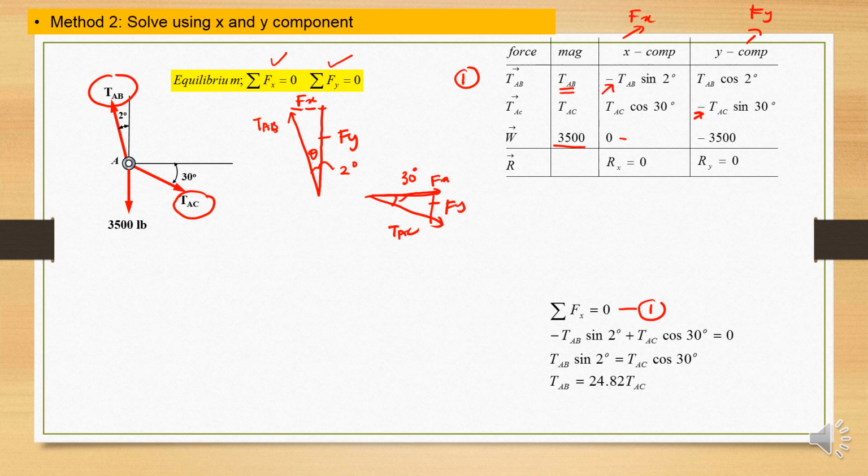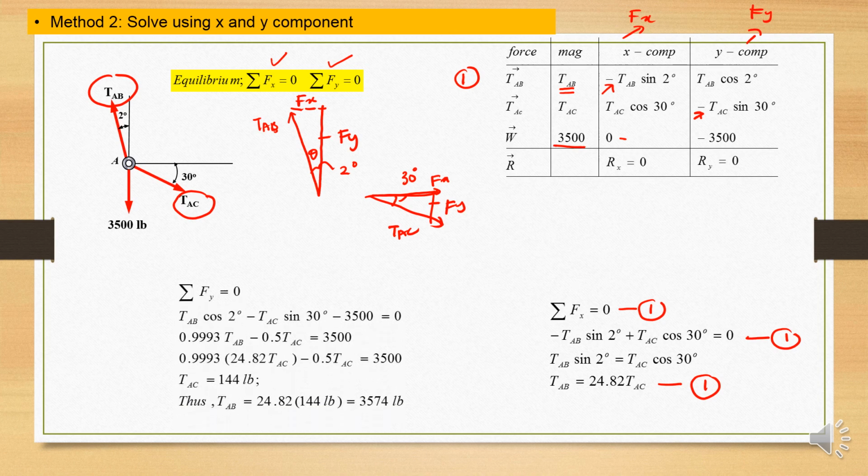Fx consists of minus TAB sine 2 degree plus TAC cos 30 equals 0. So here we have one equation. After we simplify it, we can make the equation into this simplified form, which is TAB equals 24.82 TAC. That is the relation from Fx equals 0.